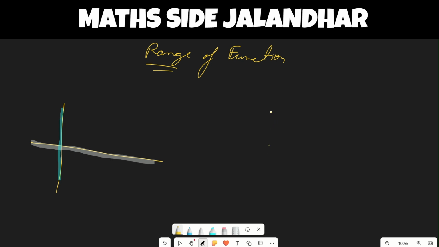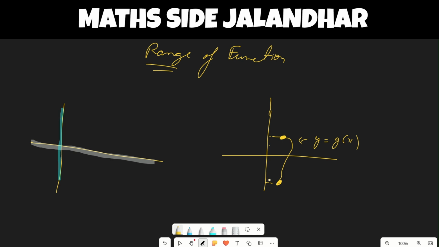For example, I make a graph of this, here to here. Suppose this is any graph y = g(x).